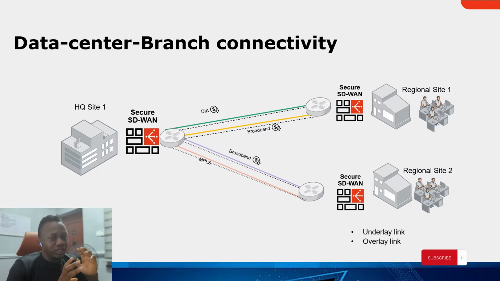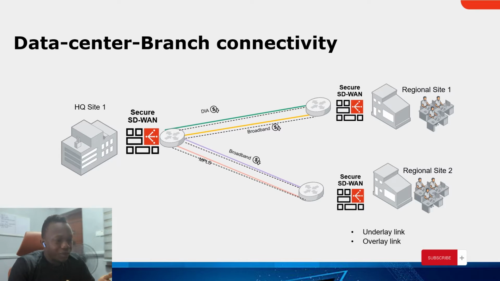Based on this, the SD-WAN feature on the FortiGate is able to take real-time performance of those links and use that to decide where your traffic is going to go. So looking at this branch, each of these branches has, let's say, a broadband network, a DIA network, and an MPLS link.